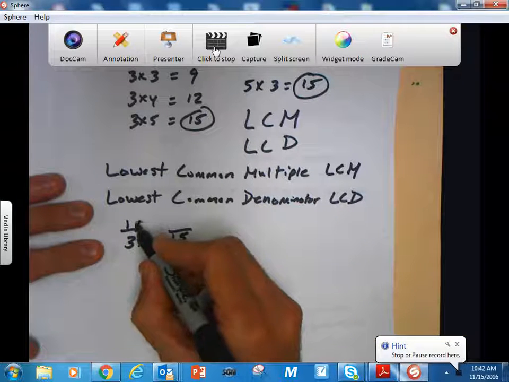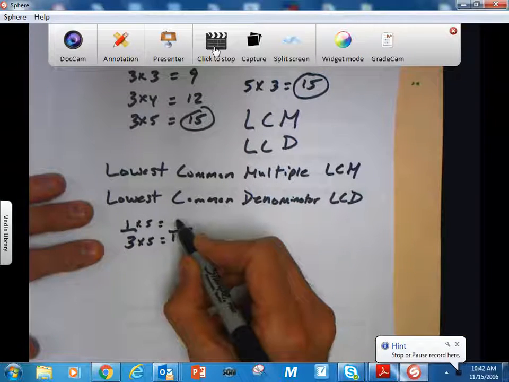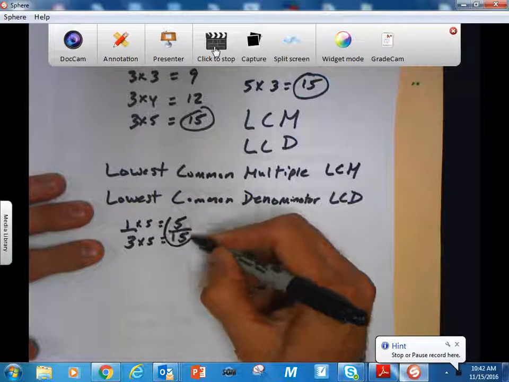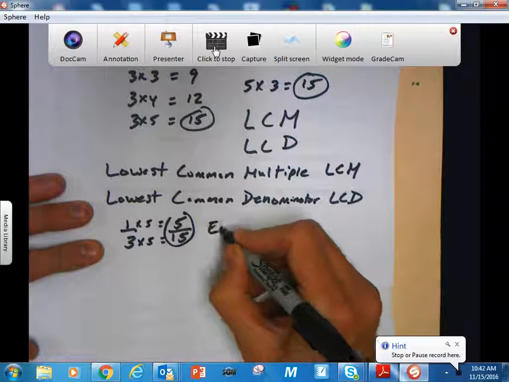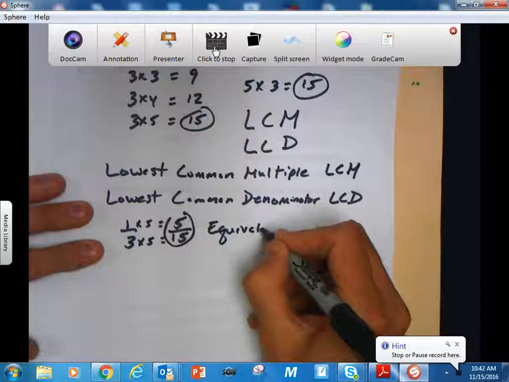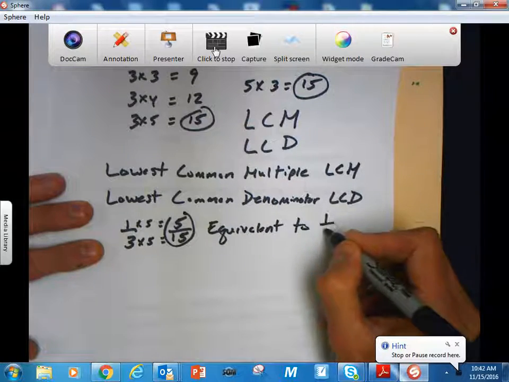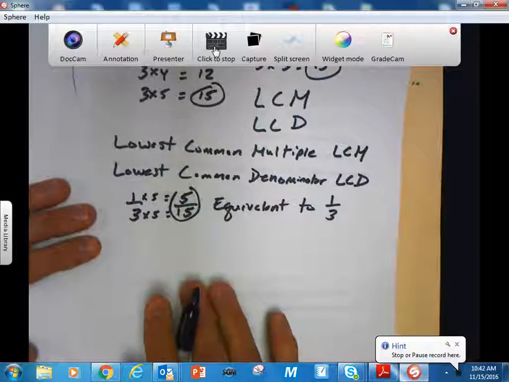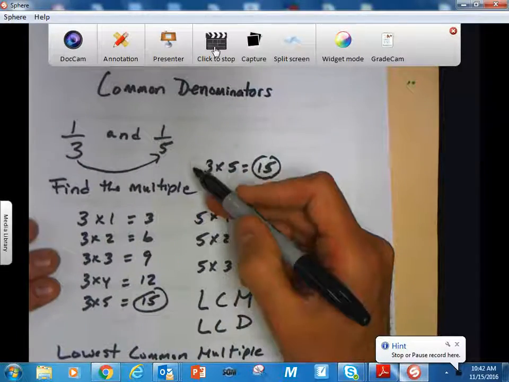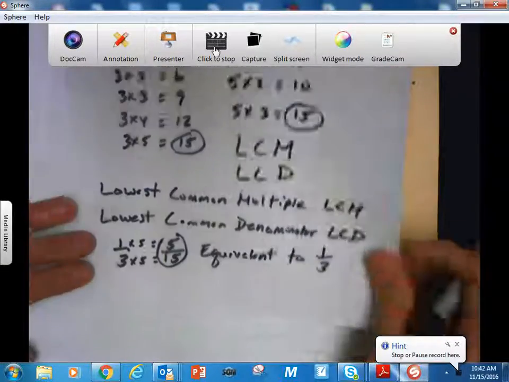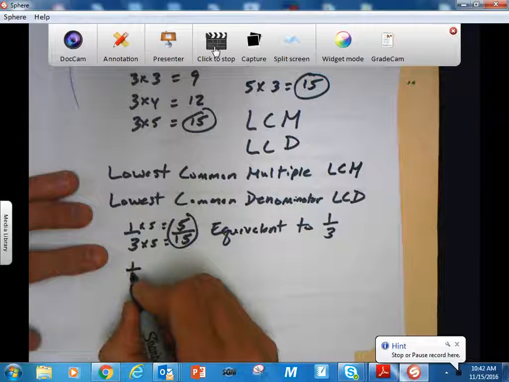So 1 times 5 equals 5. 5/15 is equivalent to 1/3.